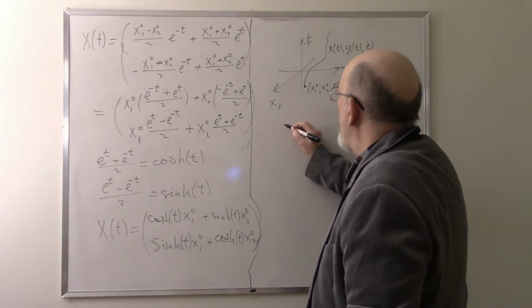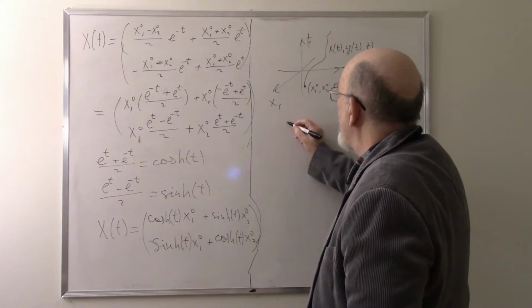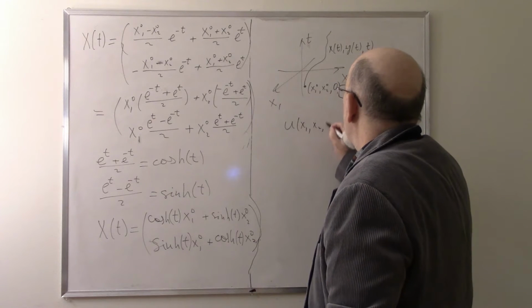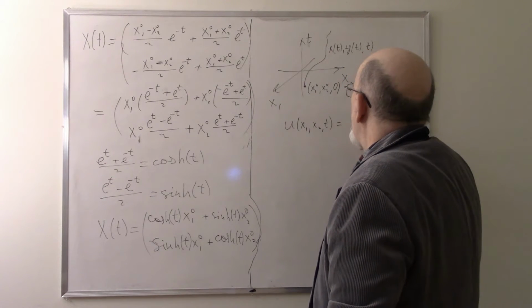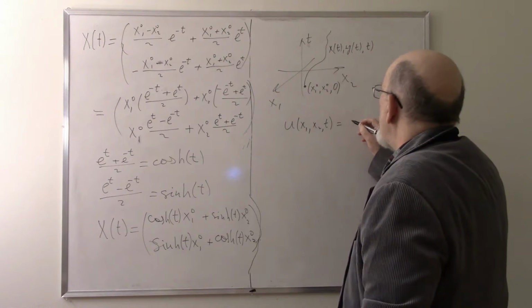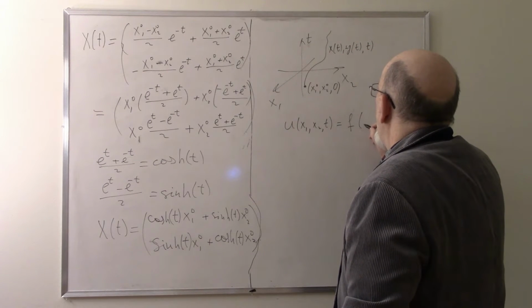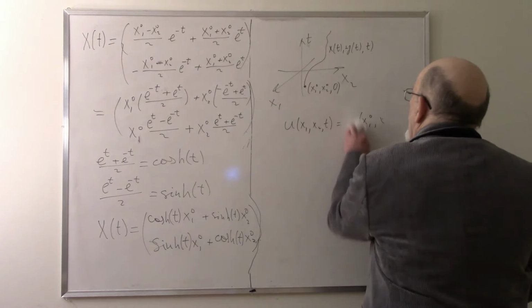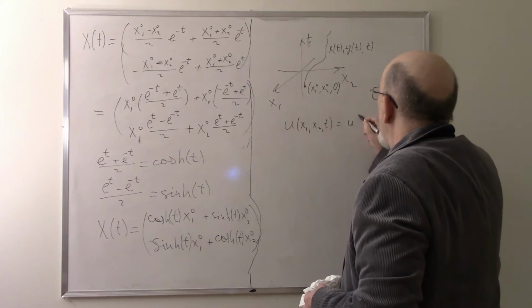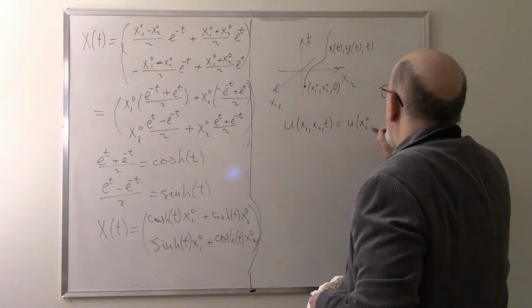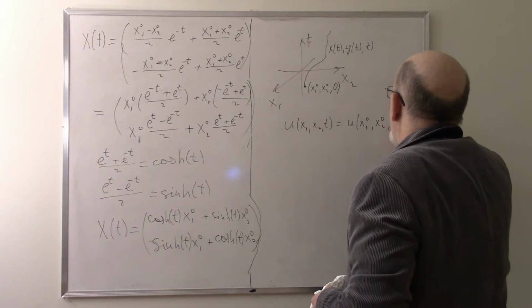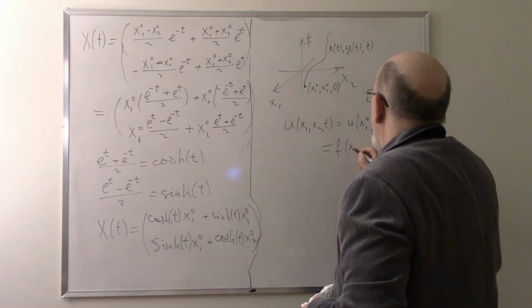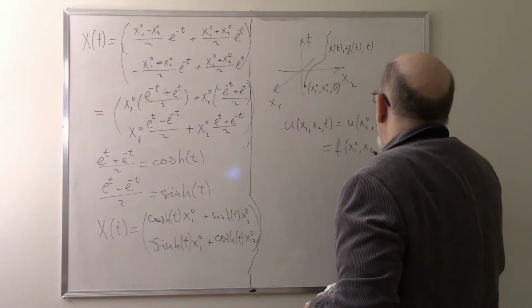And so this means that u of x1, x2, t equals f, wait, let me write, u of x1 0, x2 0, 0, which is the same as f of x1 0, x2 0.